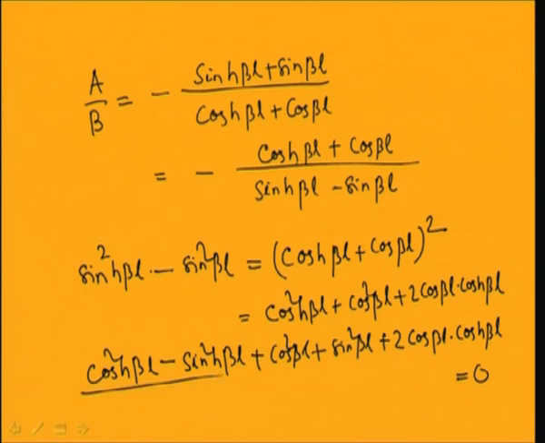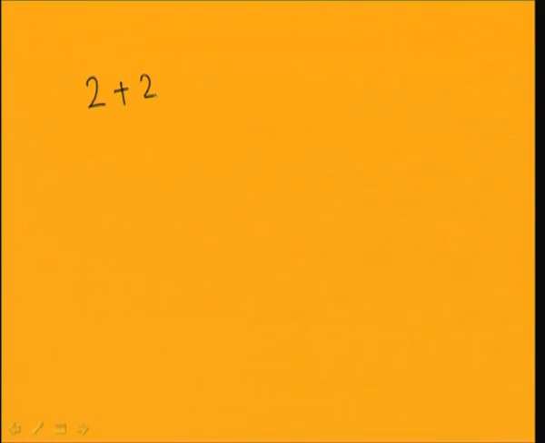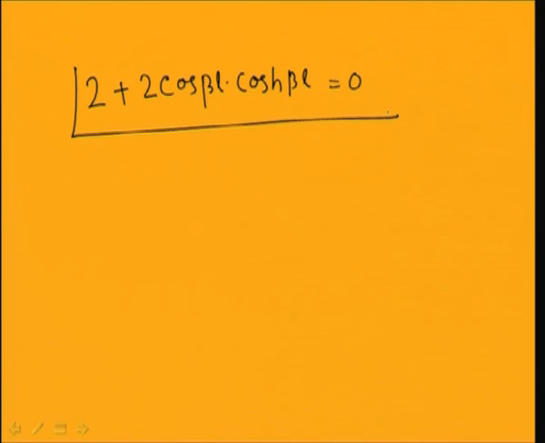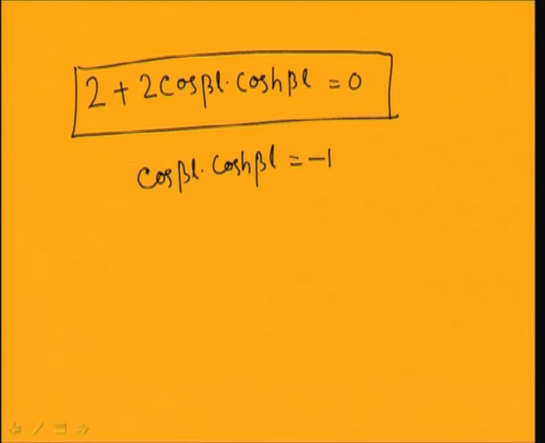You know cos square hyperbolic beta L minus sin square hyperbolic beta L equals 1. Similarly, cos square beta L plus sin square beta L also equals 1. So 1 plus 1 becomes 2. So I can write this expression as 2 plus 2 cos beta L into cos hyperbolic beta L equal to 0. This is my frequency equation, or by simplifying, I can write the frequency equation as cos beta L into cos hyperbolic beta L equal to minus 1.